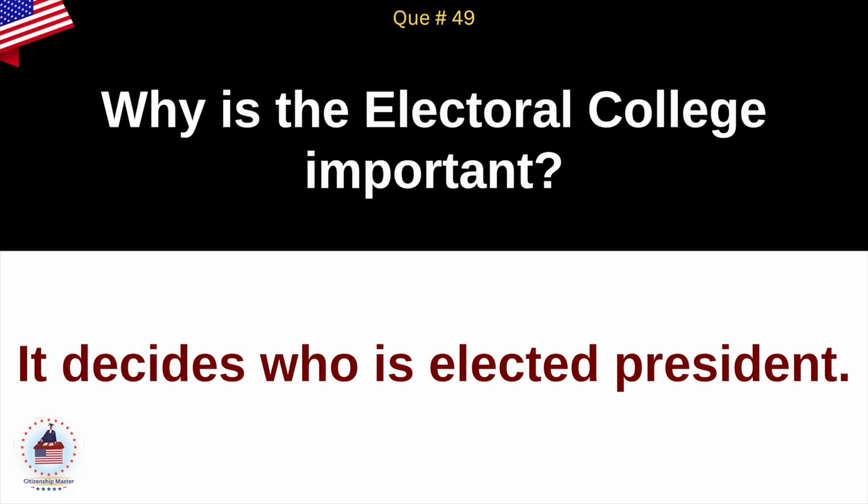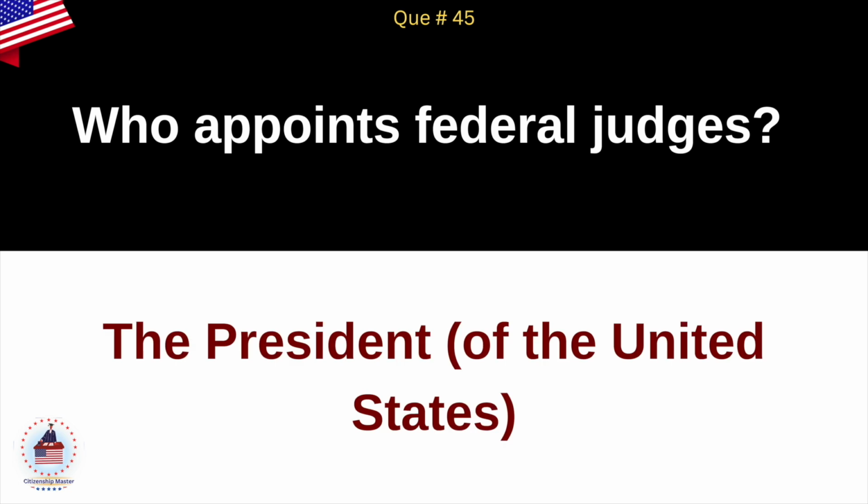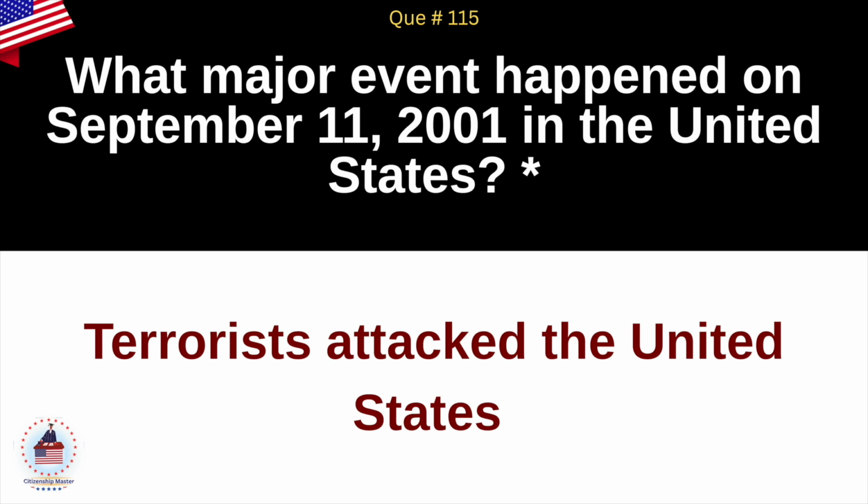It decides who is elected president. Who appoints federal judges? The President of the United States. What major event happened on September 11, 2001, in the United States? Terrorists attacked the United States.